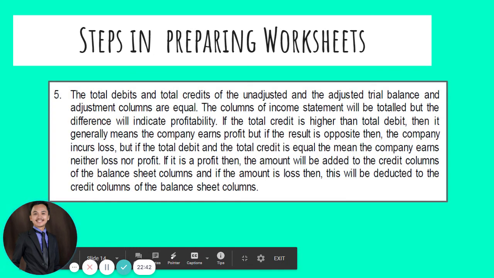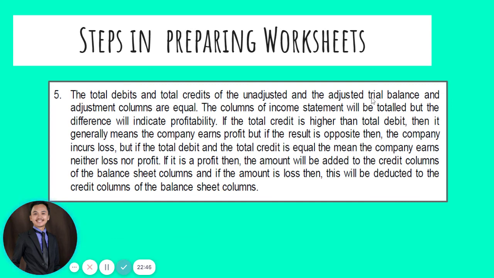Okay? Now, the total debits and total credits of the unadjusted and the adjusted trial balance and the adjusted columns are equal. The columns of income statement will be totaled, but the difference will indicate profitability as what we have referred to earlier. If the total credit is higher than the total debit, then it generally means the company earns profit. But if the result is opposite, then the company incurs loss.